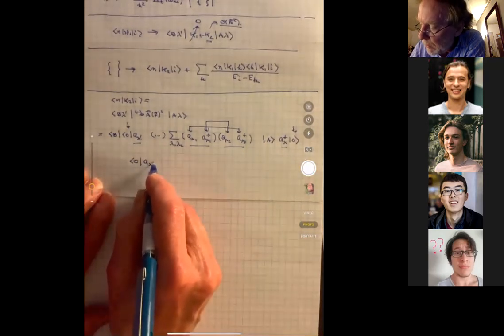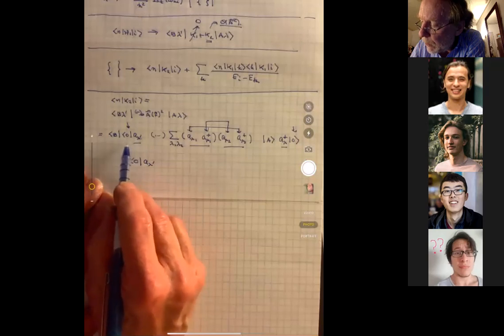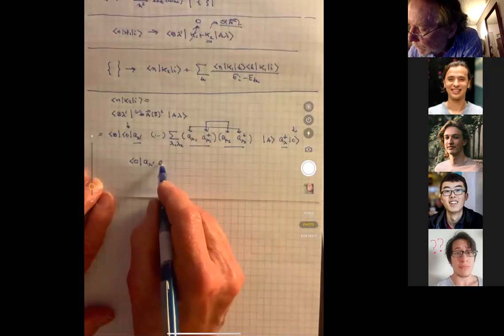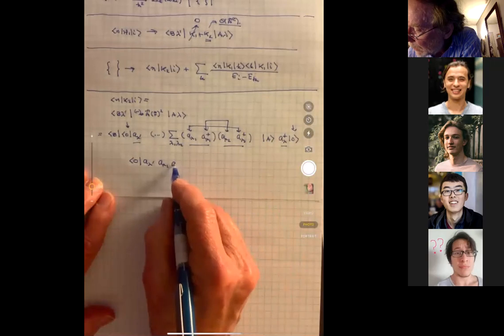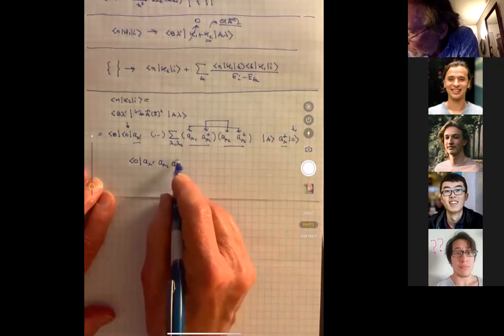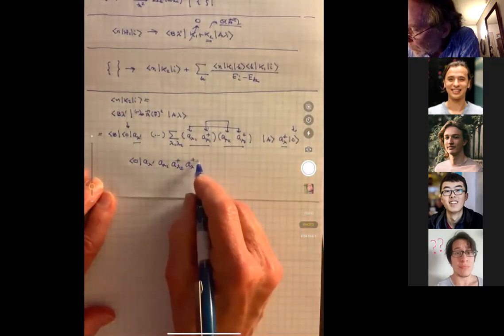We've got a 0, A lambda prime from the outgoing photon state. Then let's take this A lambda 1 here, and then we get an A lambda 2 dagger, and then we get an A lambda dagger and 0.